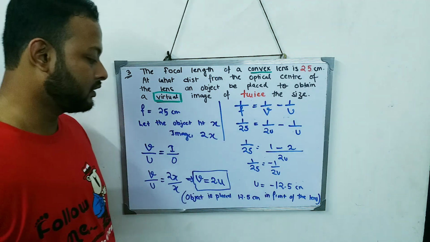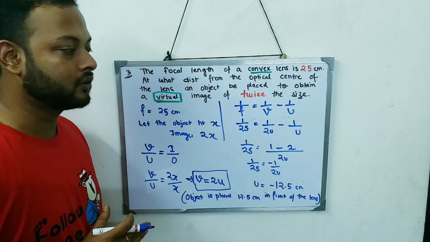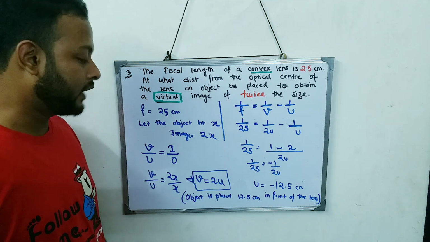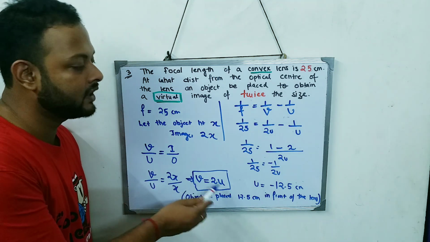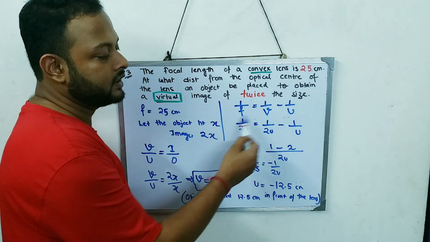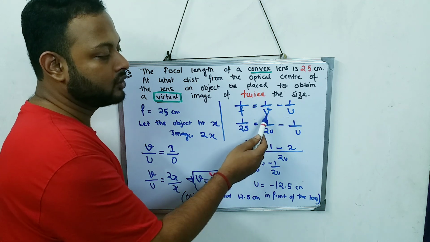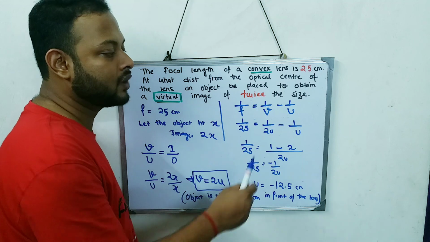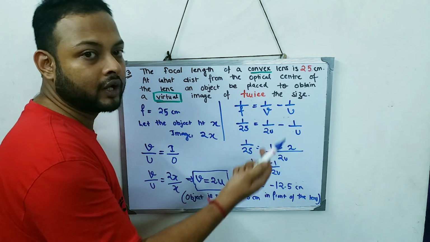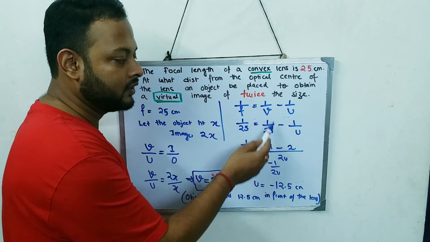I hope this part is understandable to you. So in this sum, the extra thing is that you have to get the relationship between v and u. Obviously in an equation you cannot solve with two unknowns, so you have to convert from two unknowns to one unknown. I converted the v in terms of u.